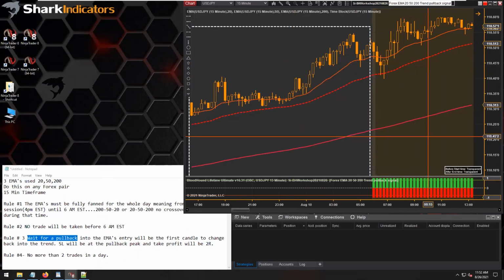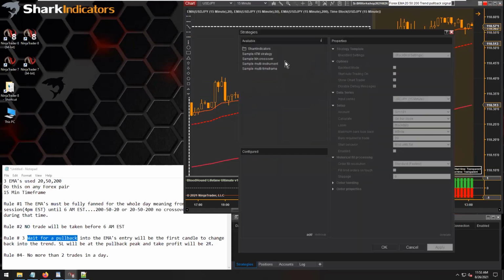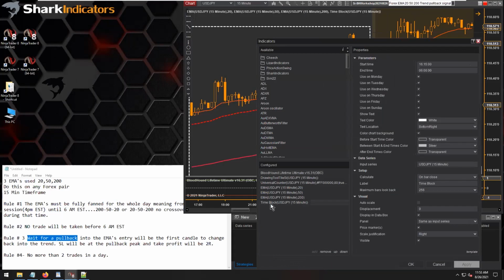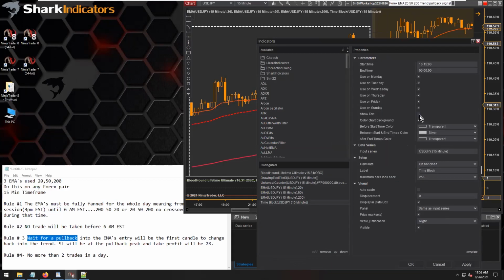And let me make a quick adjustment here. You'll notice that there's text down here. That's from the time block indicator, telling you where the current bar is at. I'm just going to turn that off. On the time block indicator, I can turn off the text. There we go. This show text setting, you can turn that on and off. There, I'll get rid of that.